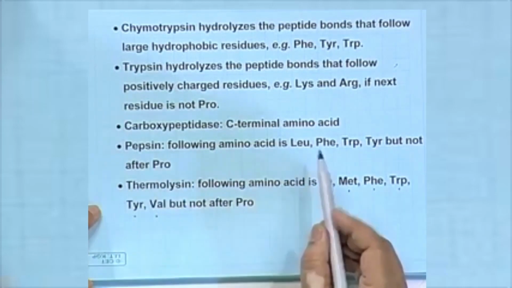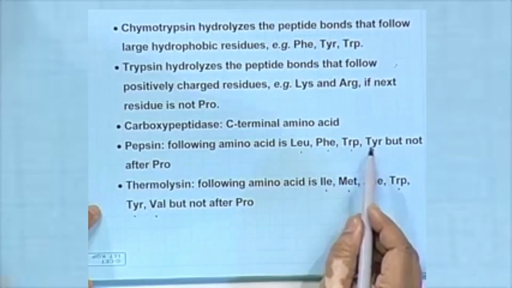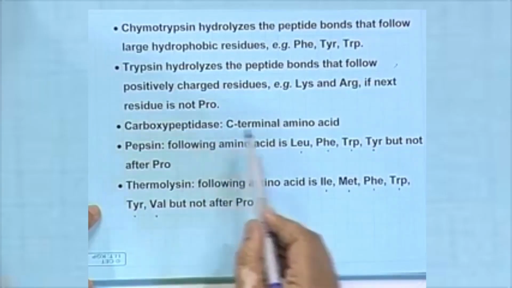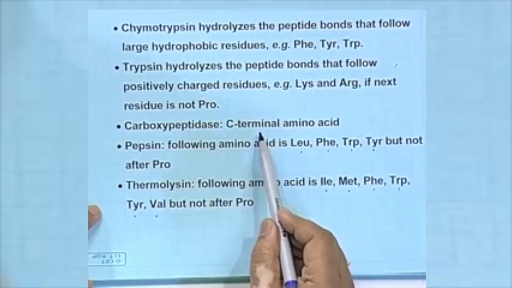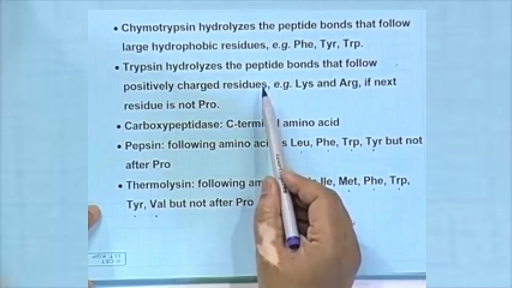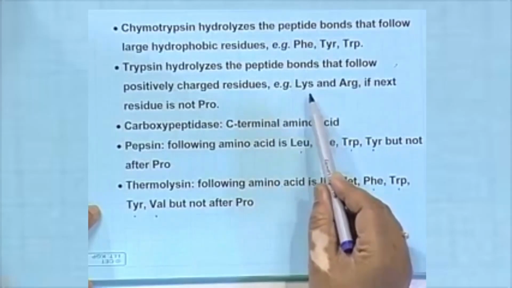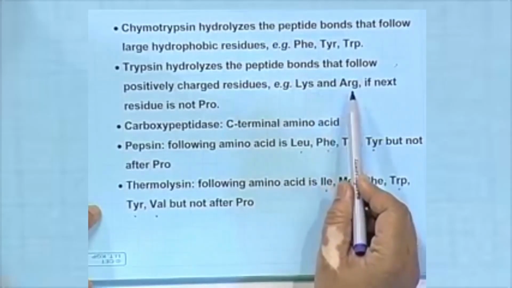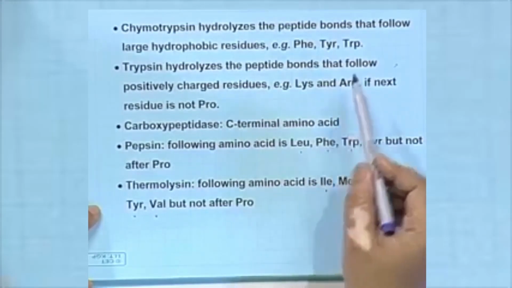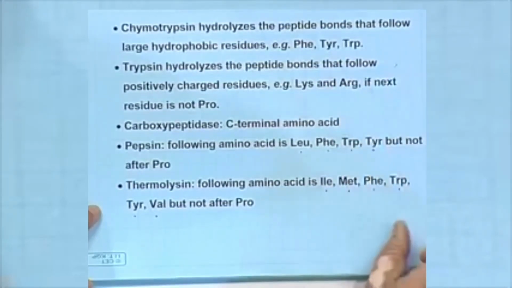For pepsin, we have leucine, phenylalanine, tryptophan, tyrosine. For carboxypeptidase, it will tell you the C-terminal. How will I know the N-terminal? Edman degradation. After I cleave my sequence with trypsin, I will know there will be a lysine or an arginine that was present. Then I have chymotrypsin. Okay?